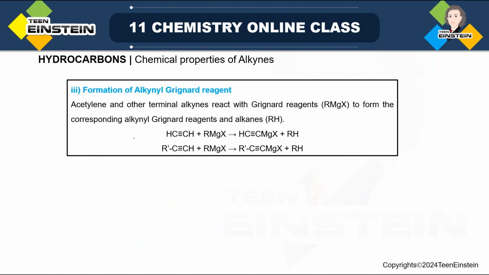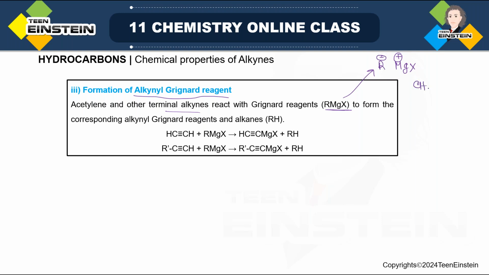Now the third reaction for the acidic nature is formation of alkynyl Grignard reagent. Acetylene and other terminal alkynes can react with RMgX. Now RMgX, if you break it, it is basically a negative charge over R, and MgX will contain the positive part, because R is nothing but some carbon.